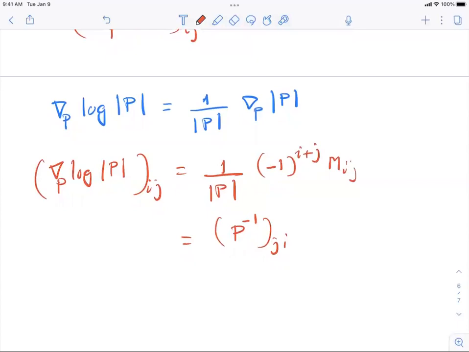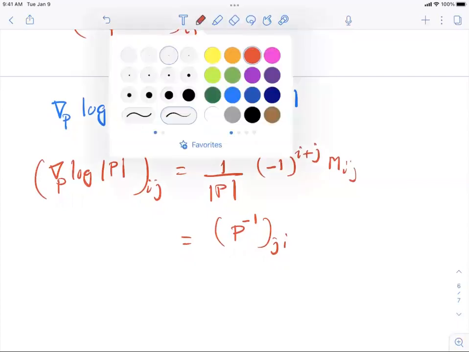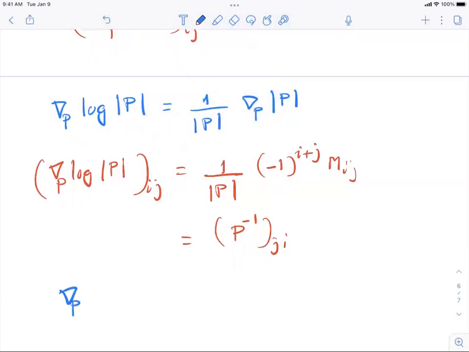So what we have just shown then is that del P of log of the determinant of P is P inverse transpose, which is of course the covariance matrix transpose.